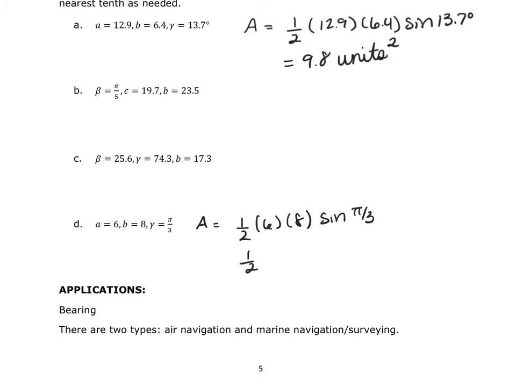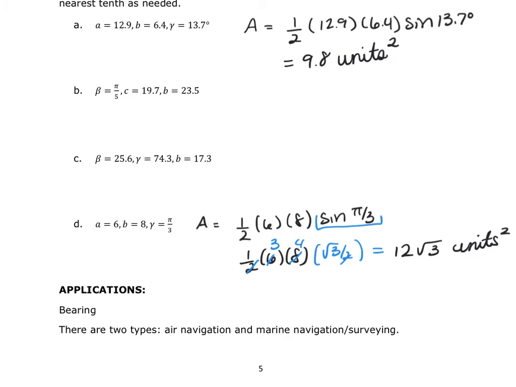So this is 1/2 multiplied by 6 multiplied by 8, and we happen to know that the sine of pi over 3 on the unit circle is the square root of 3 over 2. So this will cancel with a 3, this will cancel with a 4. I end up with 12 square root of 3 units squared. Okay.